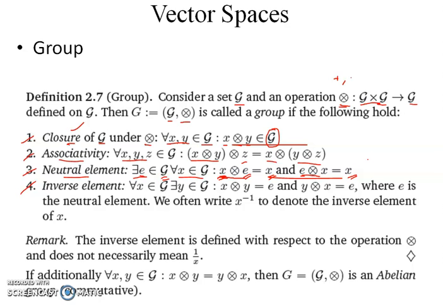For that, you can take an example. If I am taking the multiplication operation and real numbers, and I take 3 as a real number, I need to get the result as 3. So for real numbers, the neutral element I can take as 1.